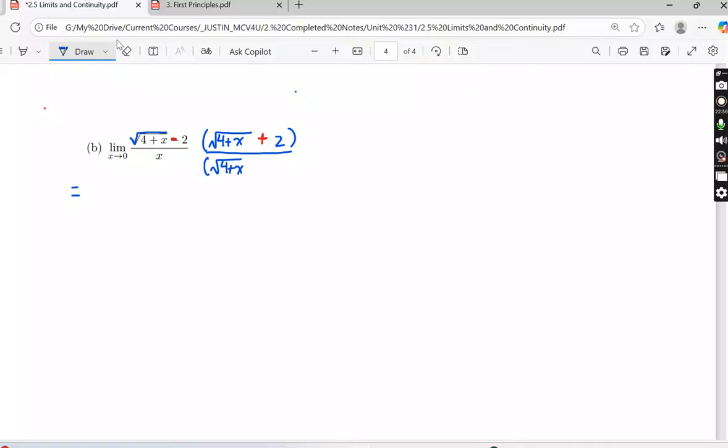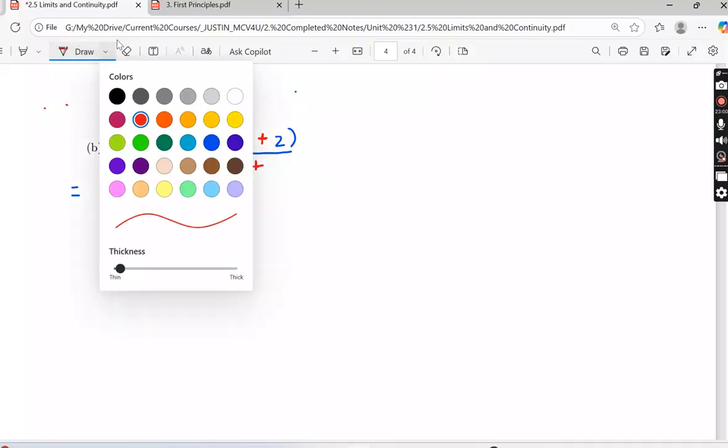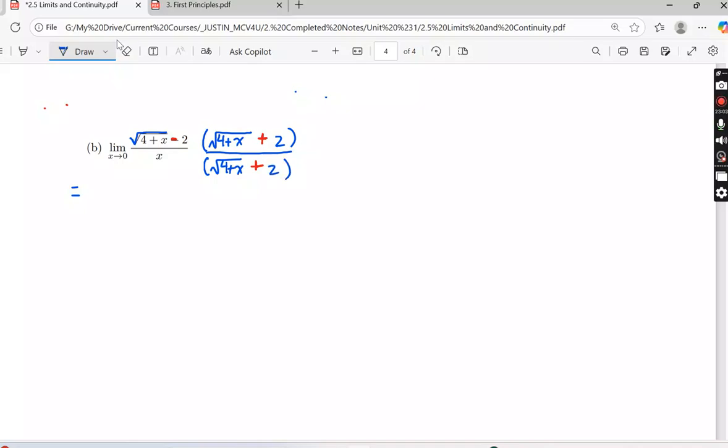So you get 4 plus x plus 2. Now why in the world would I do that? Algebraically, it's a way of manipulating the equation so that it works. And how does this work? Well, if you look carefully, now look at these two brackets. Look at this bracket and this bracket. They're the same thing. The only thing that changes is a sign. So what does that tell us?